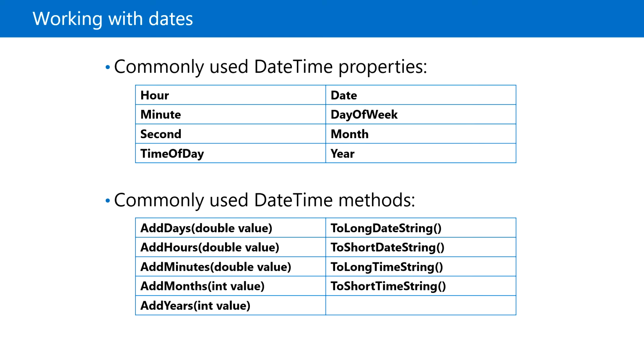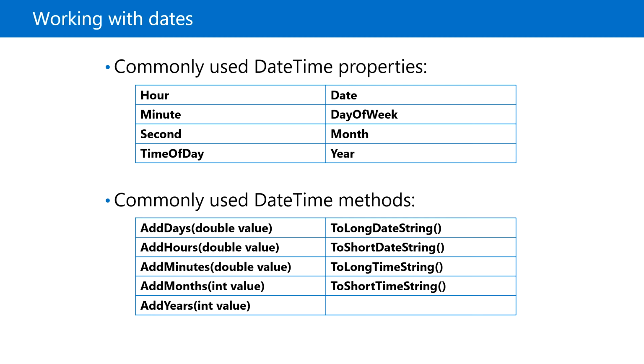We can see some of the datetime properties, the commonly used datetime properties and the commonly used datetime methods. Basically a datetime variable contains both the date and the time as well.